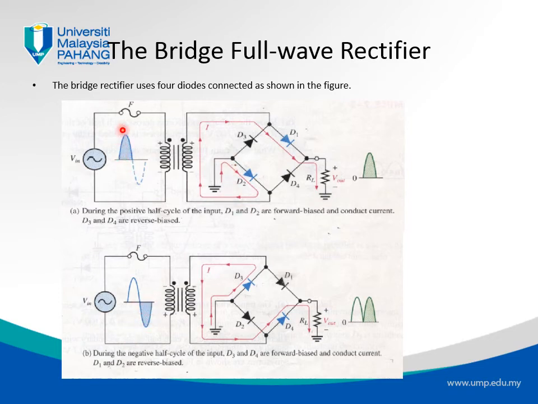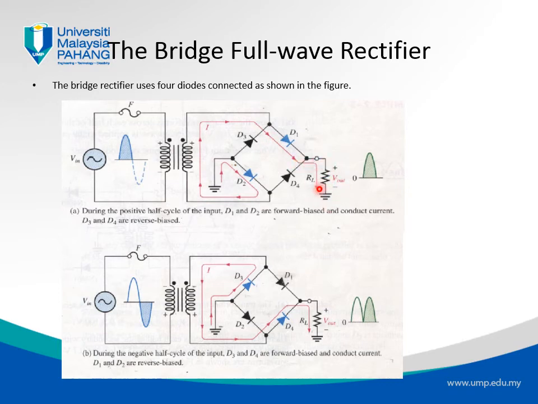In the first part, where we have a positive part, when the secondary voltage, or the output voltage of the transformer, comes into this circuit, it is D1 and D2 that conduct the current. So D1 and D2 conduct current, meaning the current circulates in the direction shown by these red arrows, and it goes into the load.